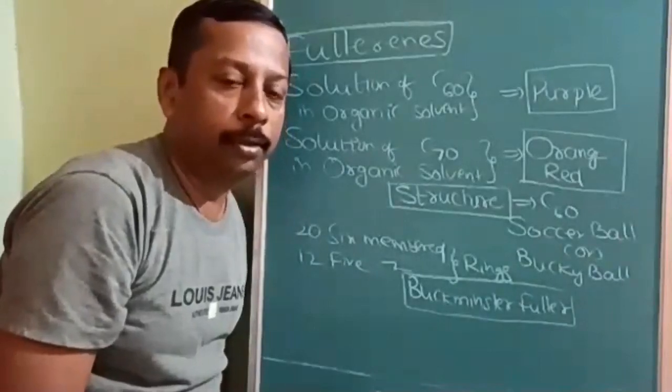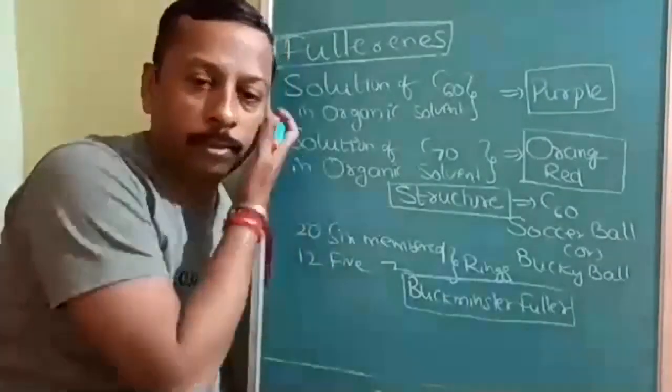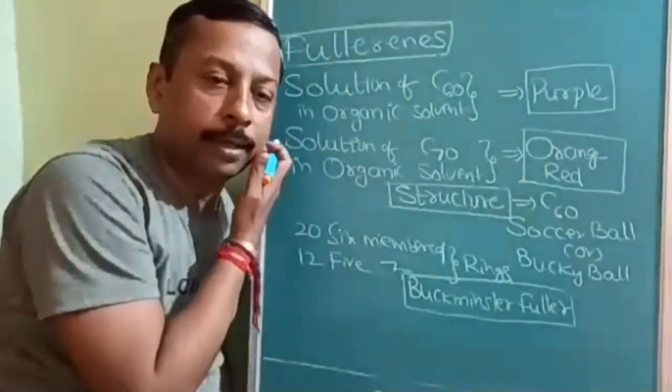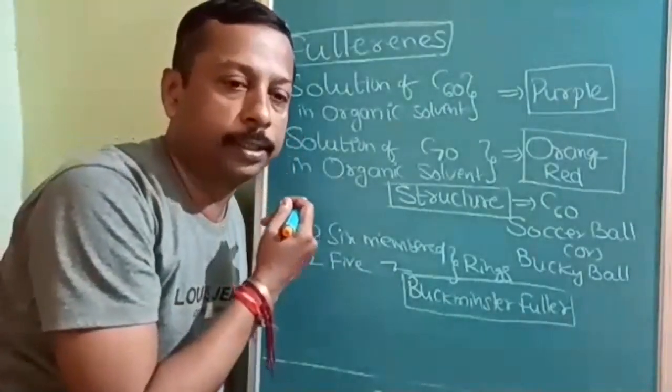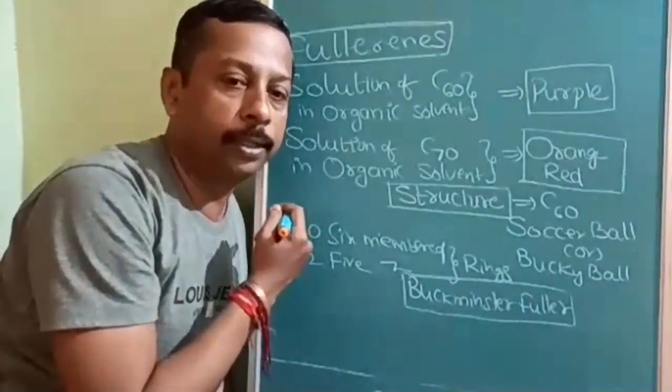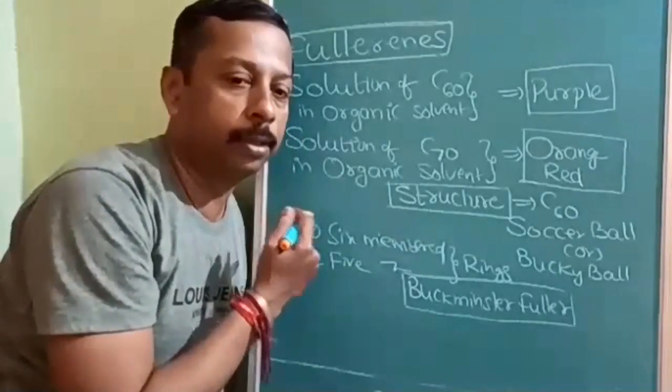Now let us see the structure. Out of C60, C70 and other fullerenes, only the C60 fullerene is stable.